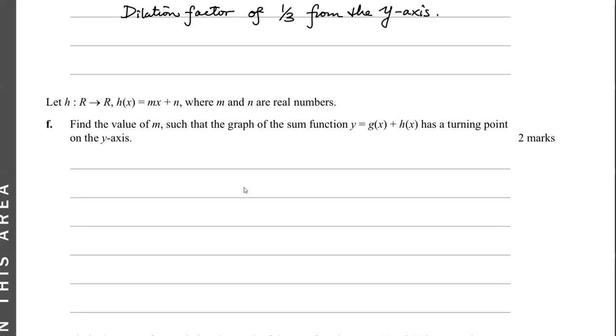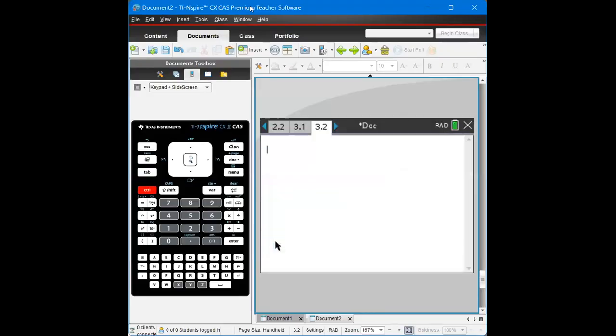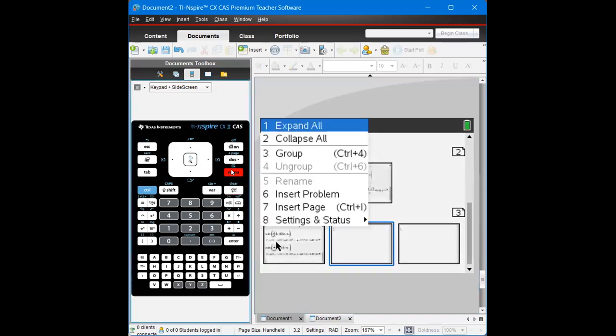right. Let h be mx plus n. m and n are real numbers. Find the value of m such that the graph of the function g of x plus h of x has a turning point on the y-axis. Turning point on the y-axis, well, let's have a look. We actually insert another problem.